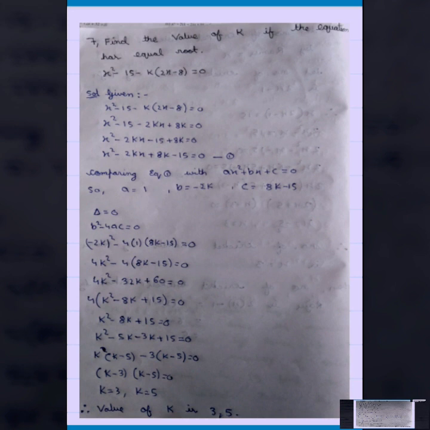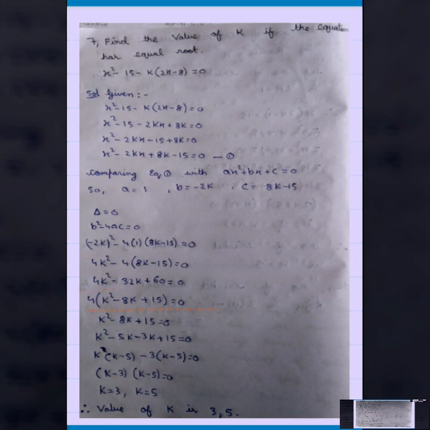So substitute the values in the formula, then we get (minus 2k) whole square minus 4 into 1 into (8k minus 15) equal to 0. So (minus 2k) whole square, that is 4k square, minus 4 into 8k, that is minus 32k, and minus 4 into minus 15, that is plus 60, is equal to 0.